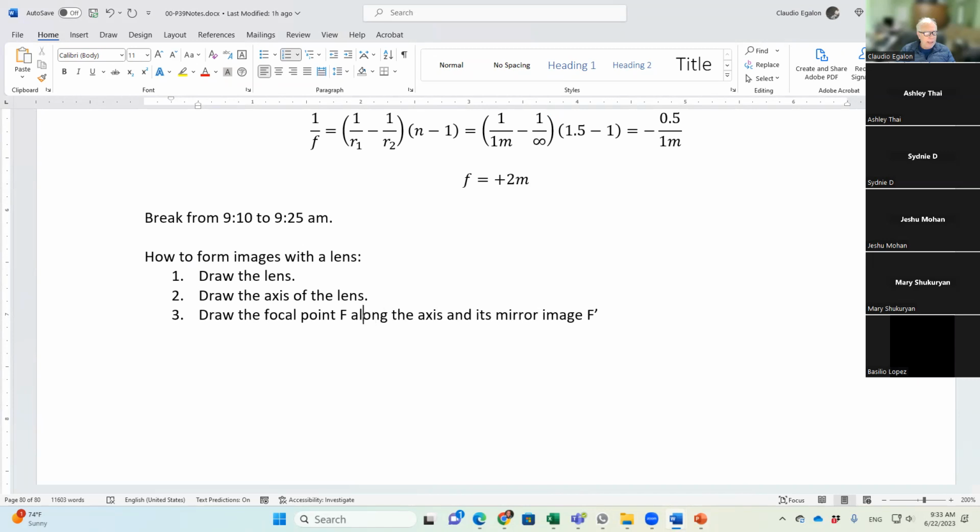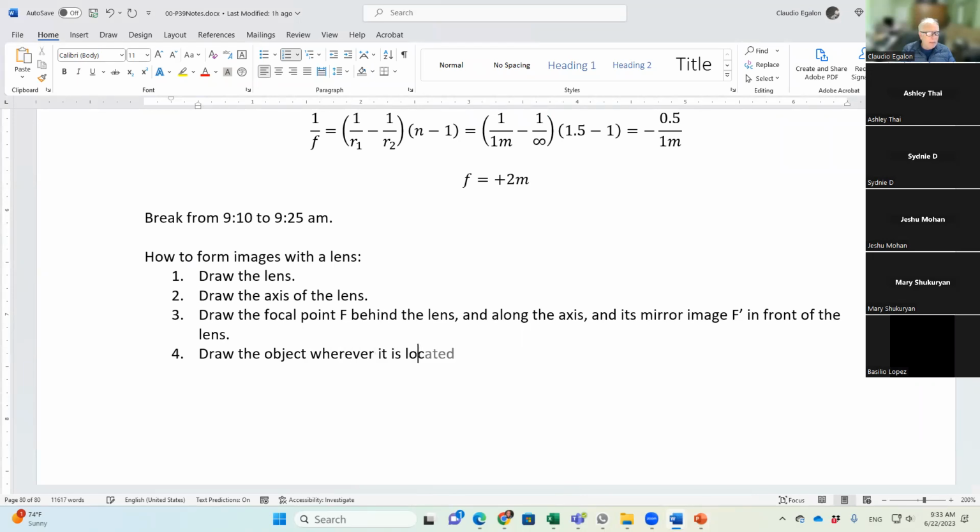Draw the focal point F behind the lens and along the axis, and its mirror image F prime in front of the lens, right? Draw the object wherever it is located.